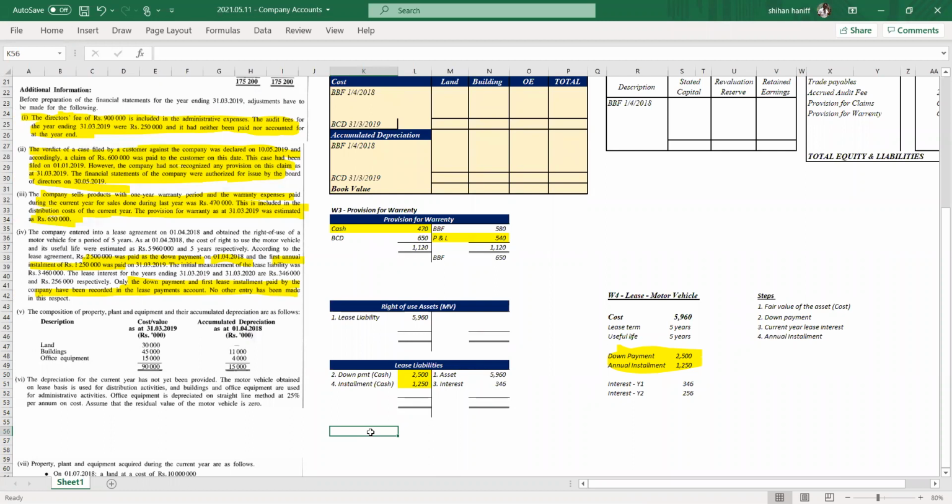So first step, record the cost, then record the down payment, then the current year lease interest, then take it under expenses, then the annual installment, cash account credit, lease liabilities debit. After that, you have to take the closing balance carried out. How much is the balance brought forward? Balance carried out.